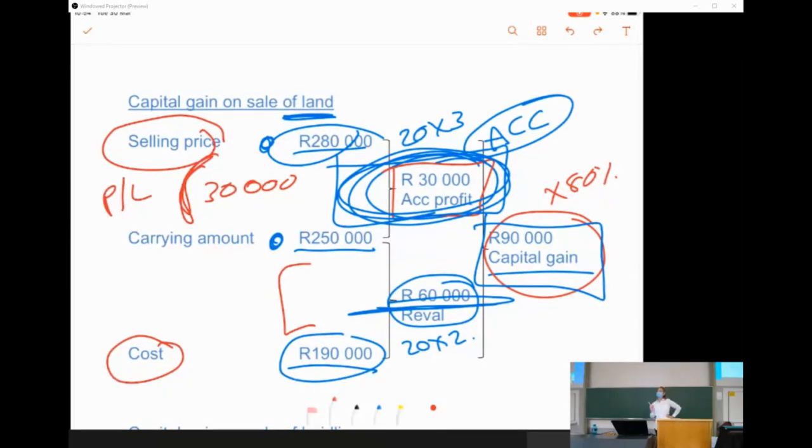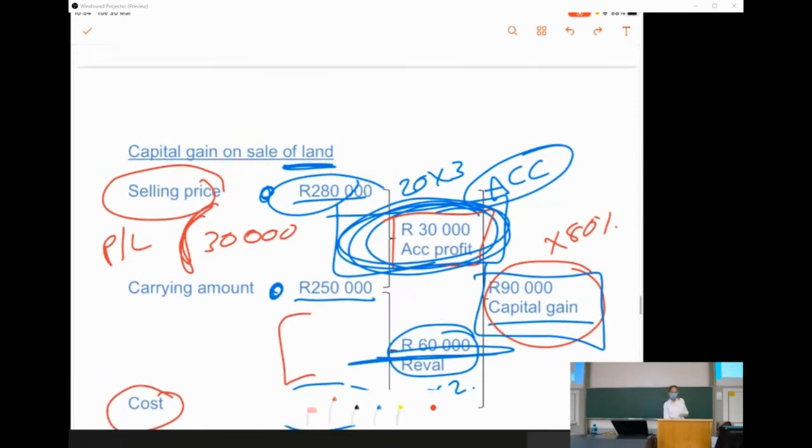And why it's a temporary difference is because remember when we did our revaluation in the prior year, we already accounted for that increase up to 250,000 and we accounted for the tax on that. However, now for tax purposes, we are only now going to pay that tax.